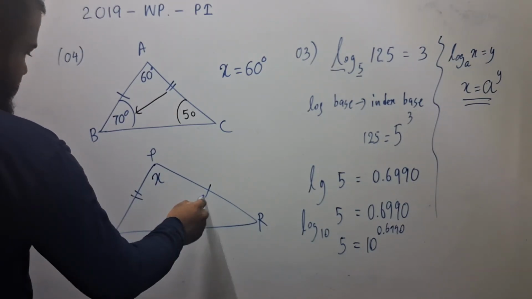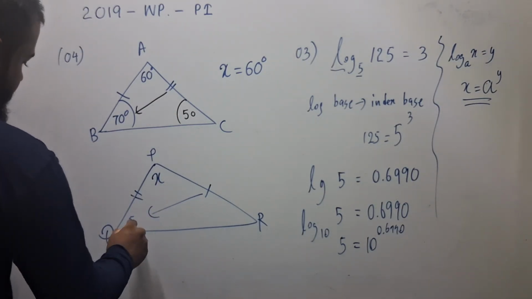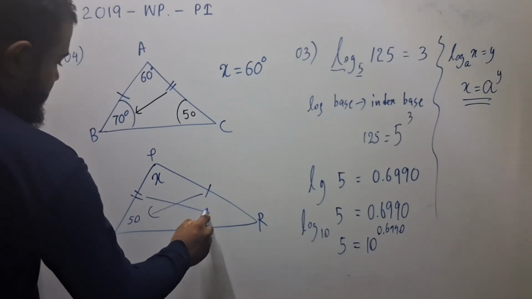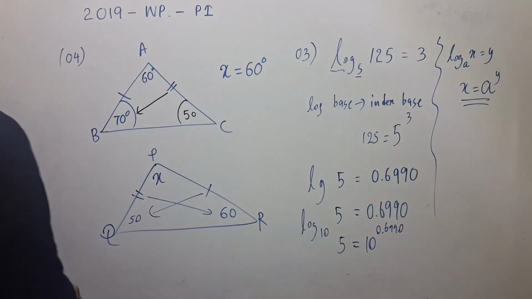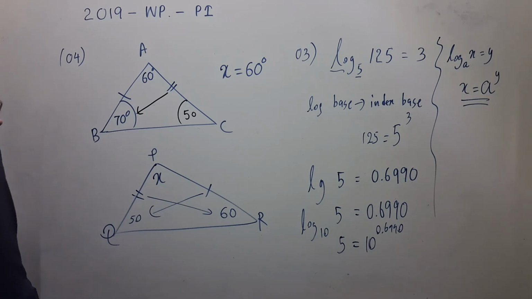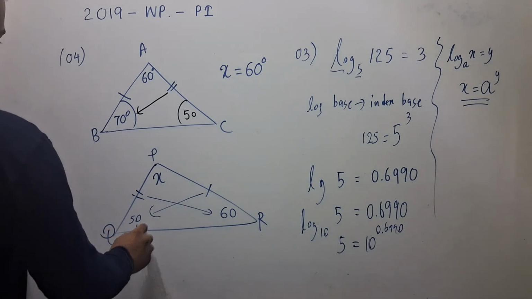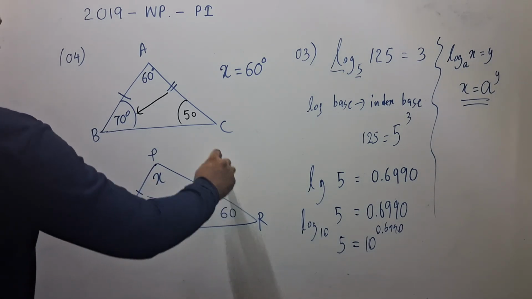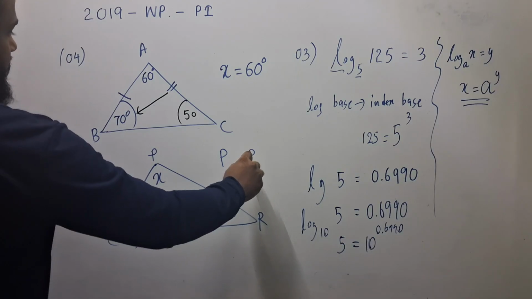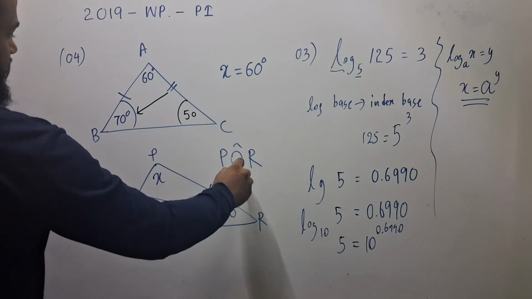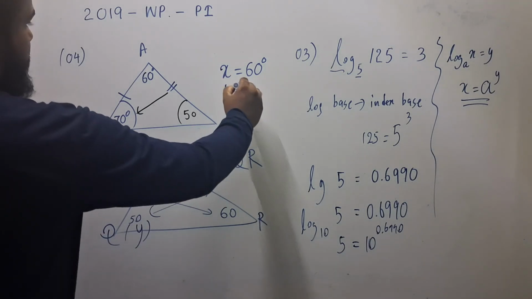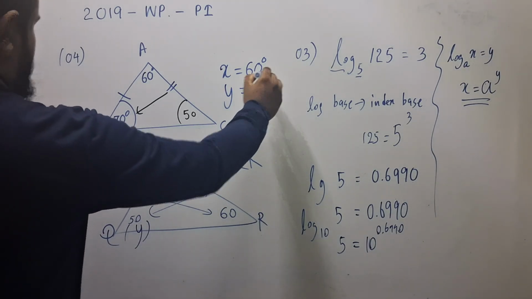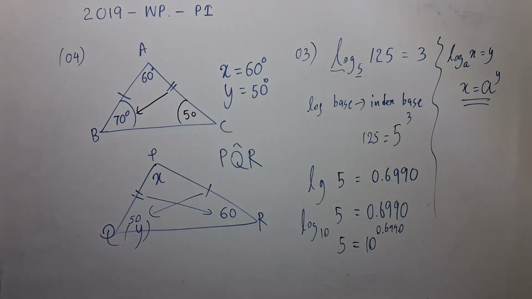So here also the single-line side's opposite should be 50, and the double-line side's opposite should be 60. So y is given as the angle opposite PR. What is opposite to PR? PQR is 50. So y equals 50 degrees. Okay, that is the answer.